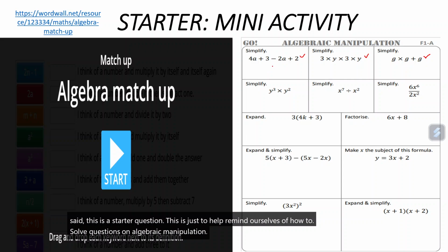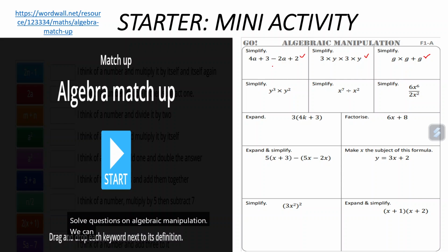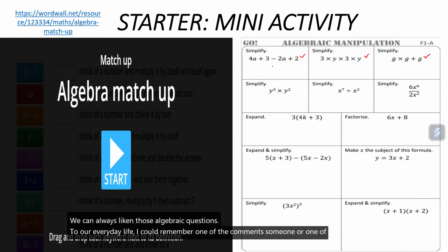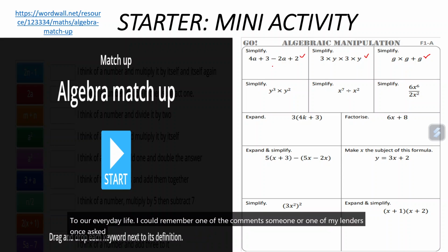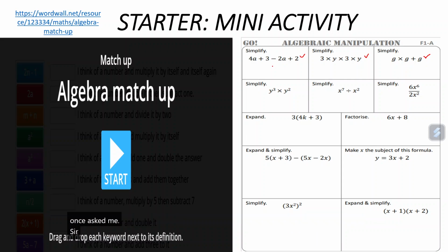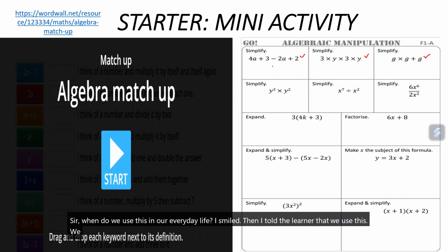Remember, we can always liken those algebraic questions to our everyday life. I remember one of my learners once asked me, "Sir, when do we use this in our everyday life?" I smiled, then I told the learner that we use algebra consciously or unconsciously.